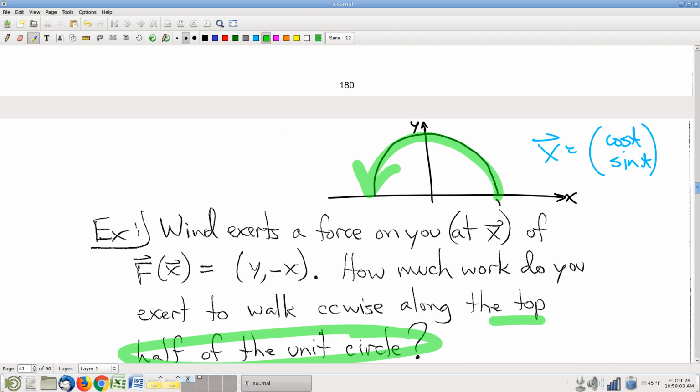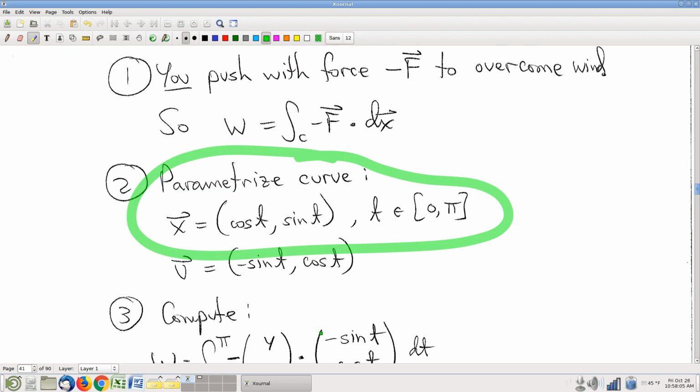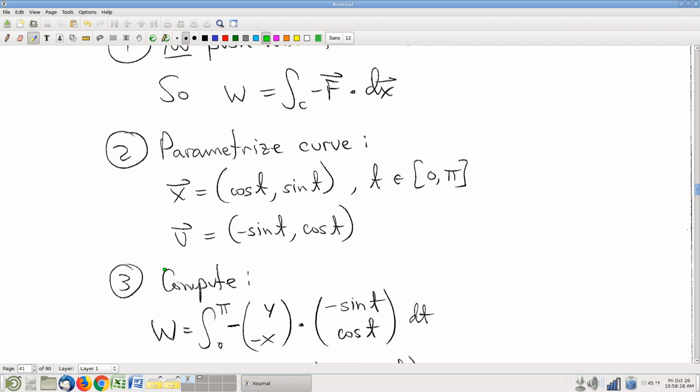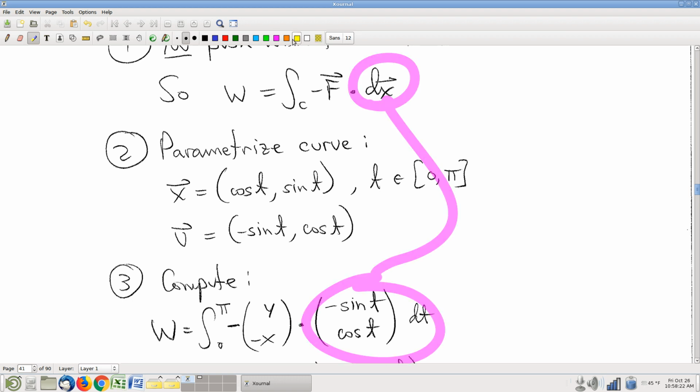So there's our parametric curve. T goes from 0 to pi, not 2 pi. Is everybody on board? Okay. Derivative gives me the velocity. And now we have all the tools that we need. Dx is velocity times dt.